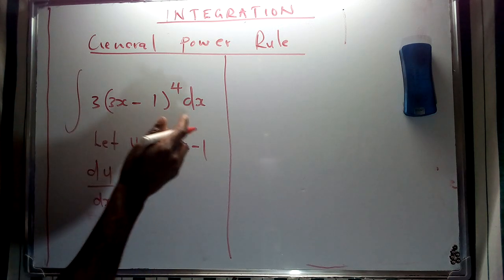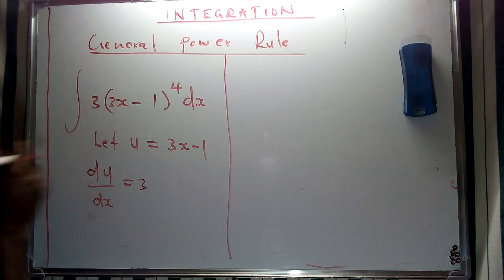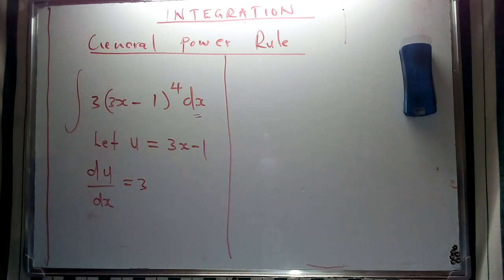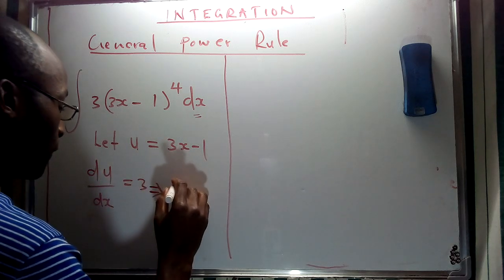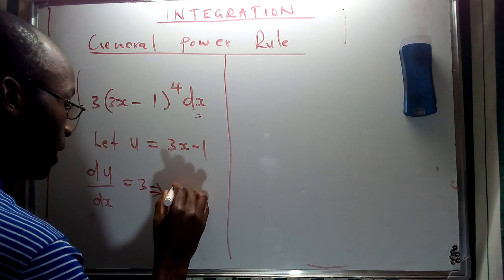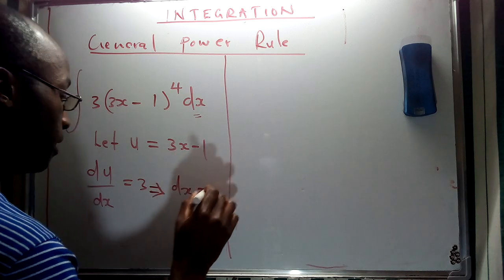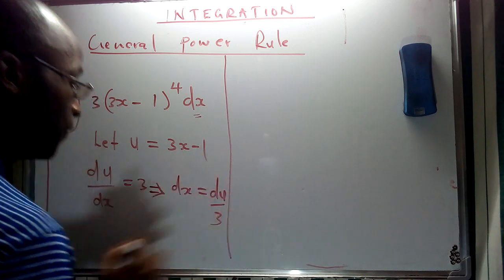So, to write this in terms of u, this implies that dx can be represented as du over 3.